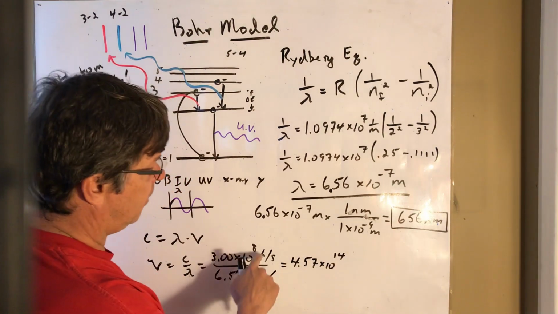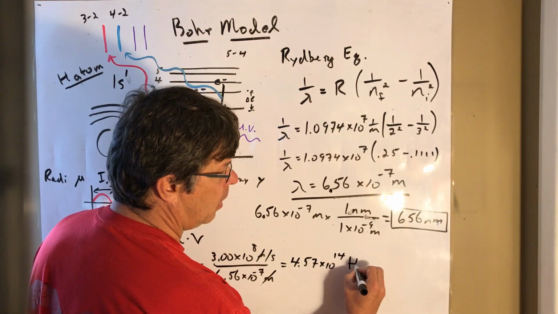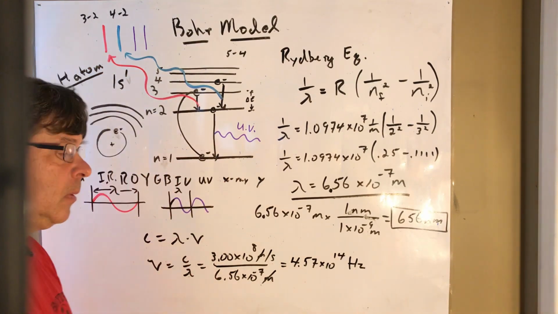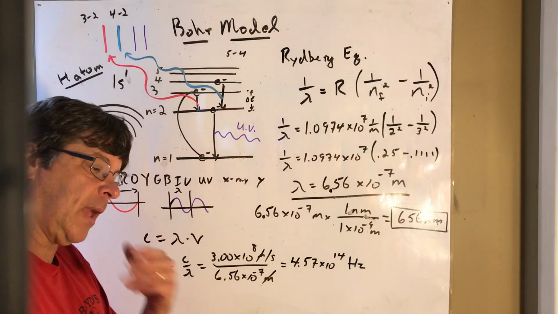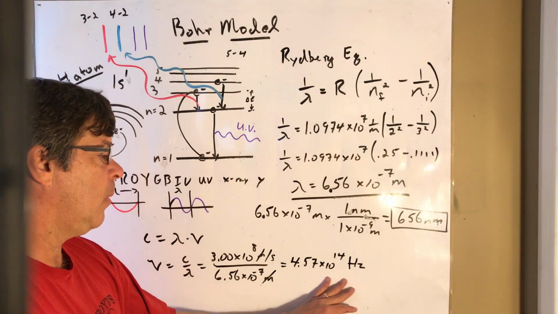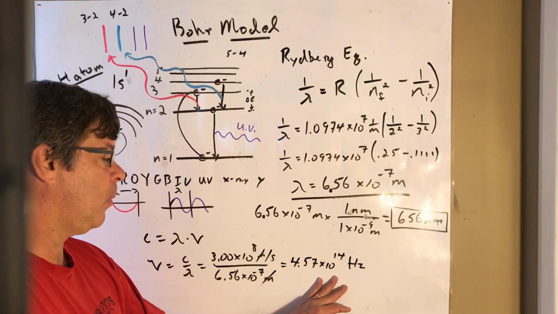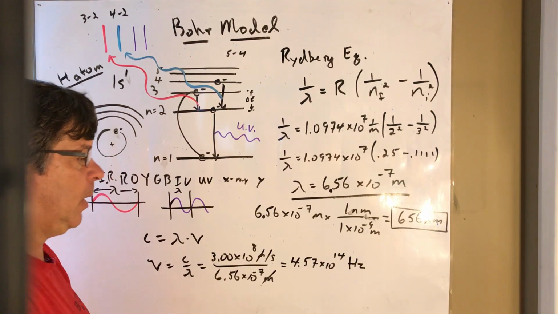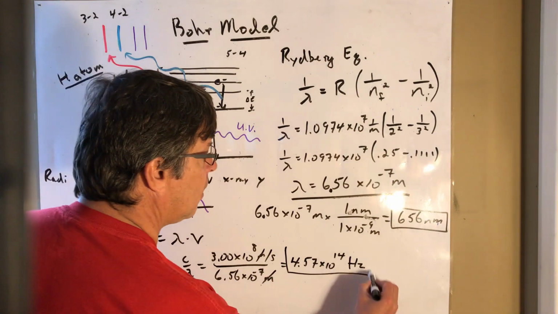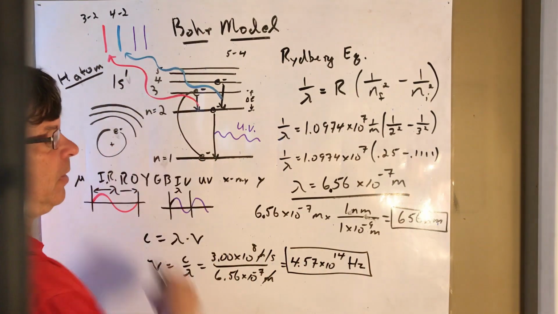Now, it's either 1 over second or hertz. Hz stands for hertz, 1 over second, a wave per second. So it's a tremendous amount of waves passing a certain point in a second. It's high frequency. That's the frequency of that red emission line.